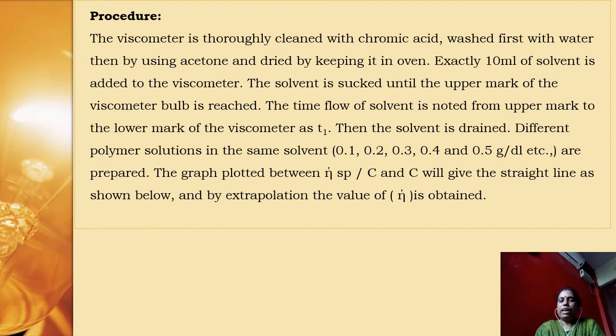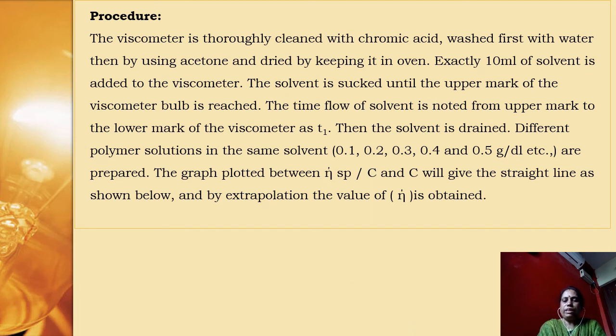Next, a graph is plotted of eta specific viscosity by C versus concentration, and it gives a straight line. By extrapolating, you can get the value of eta.